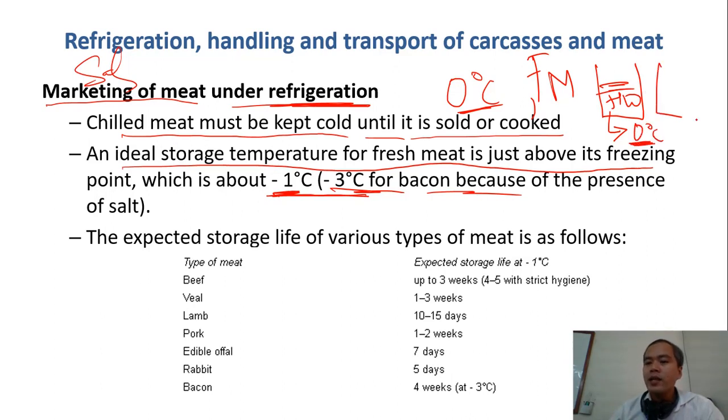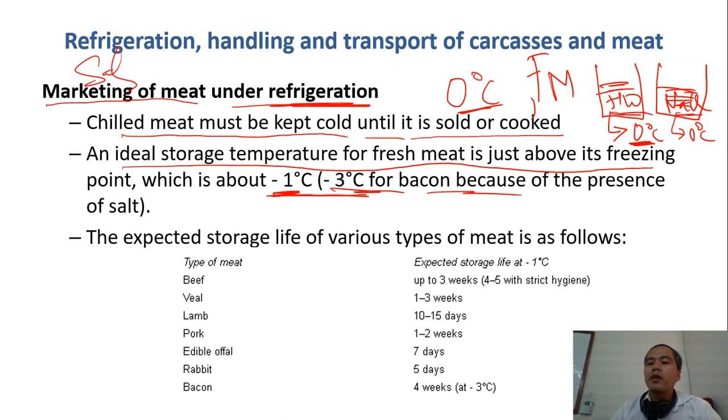But if you add salt into water, for example sodium chloride, and you lower the temperature to 0 degrees C, is it already frozen, or should we lower further? It means that the freezing point of a salt solution is lower than the freezing point of pure water. Why is it lower?